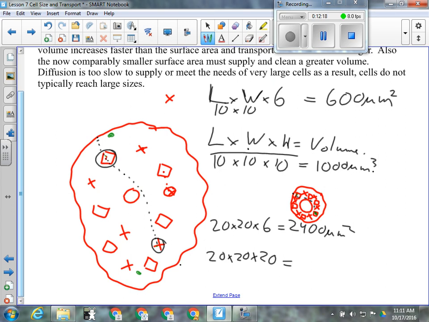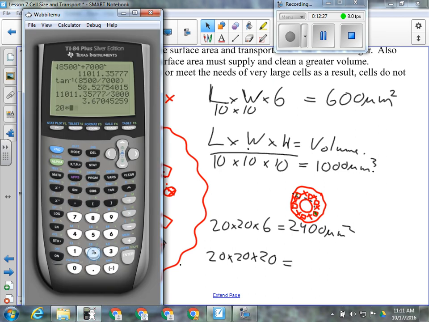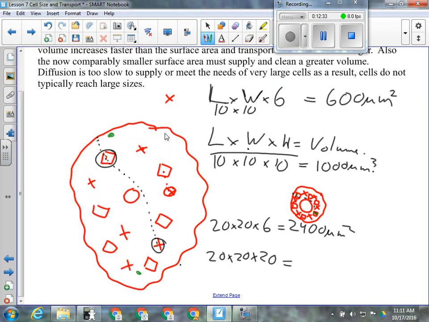So 20 by 20, so what's 20 cubed? Drawing a blank. 8,000 cubic micrometers.